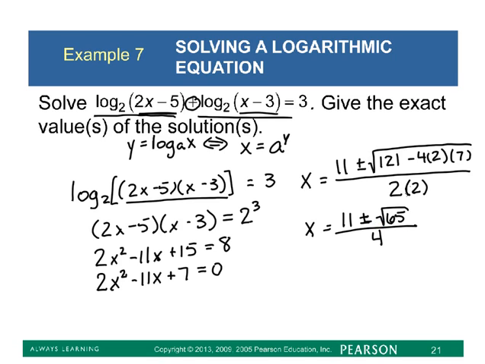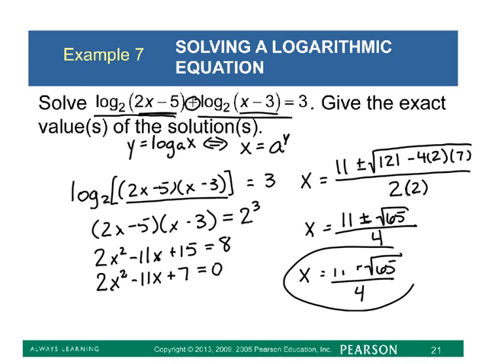Whenever we plug in 11 minus square root of 65 over 4, we're actually going to get an error because it's a negative number. And so we're going to reject that solution and say our only solution is x equals 11 plus square root of 65 over 4. And we are done.